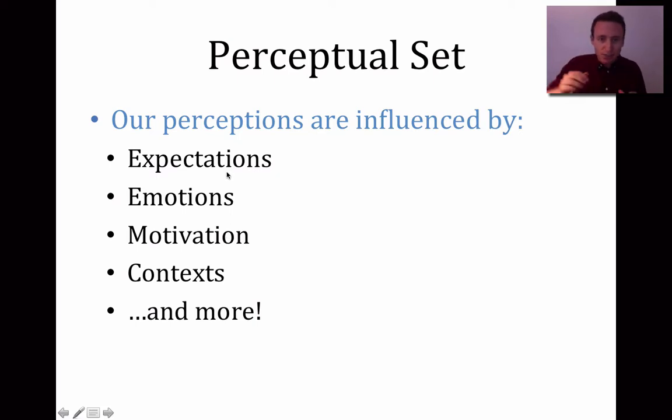The first is expectations. In the psychology department at Pierce College, we actually tested this with the idea of organic fruit. Some people hold the expectation that organic fruit is better than non-organic fruit.